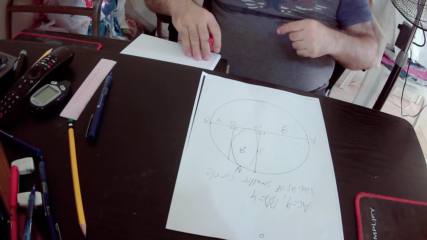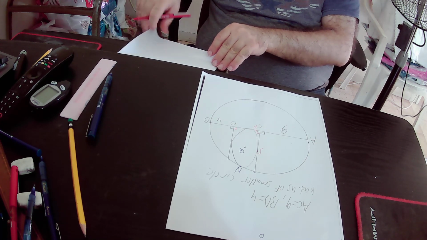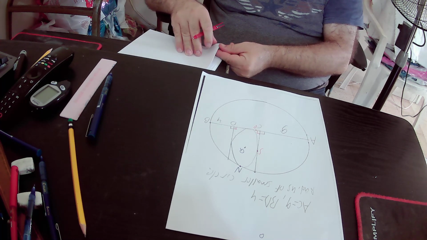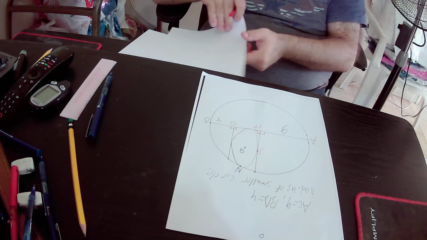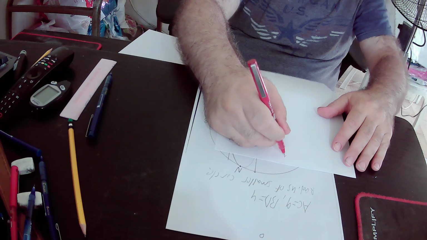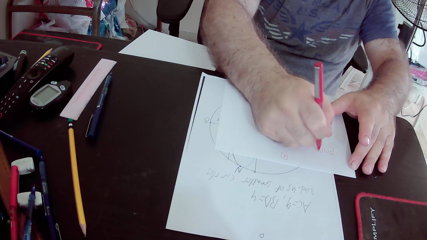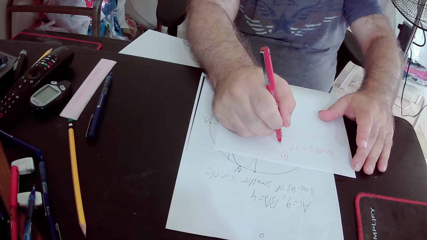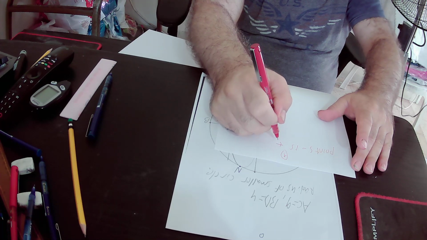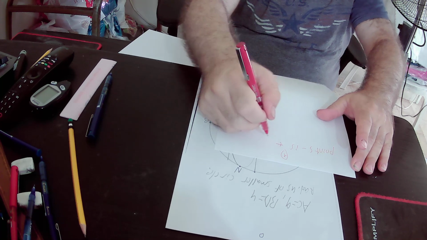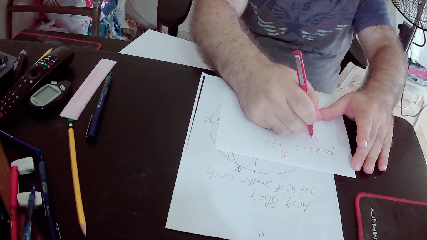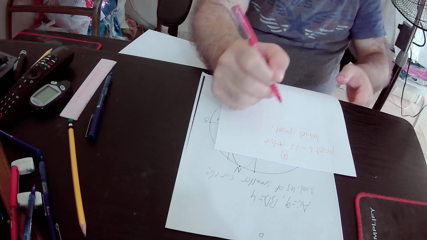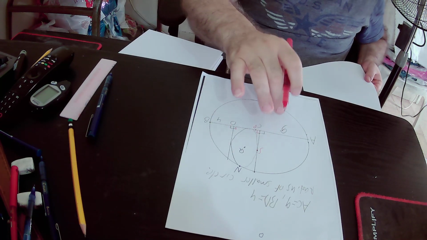Okay, so I'll write it down. Point S is defined as the launch point between the circle and its tangent.